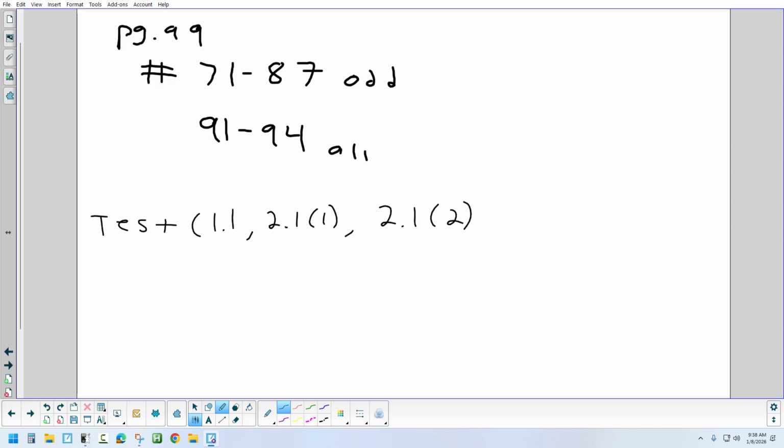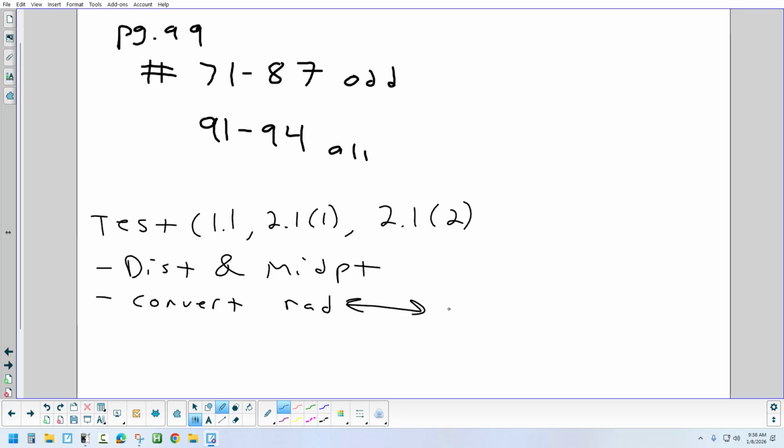Okay, topics that'll be on there: from 1.1, we did distance and midpoint formulas. In 2.1, we talked about converting between radians and degrees, both ways, radians to degrees, degrees to radians.